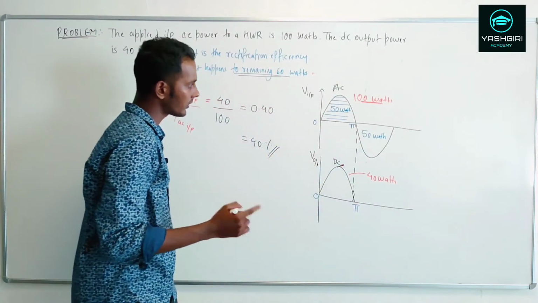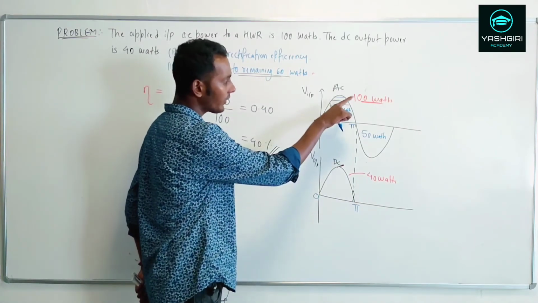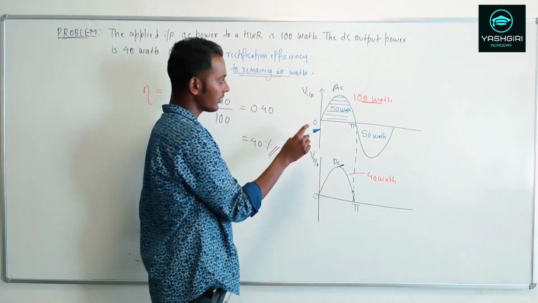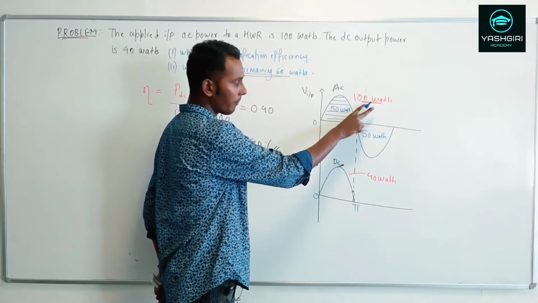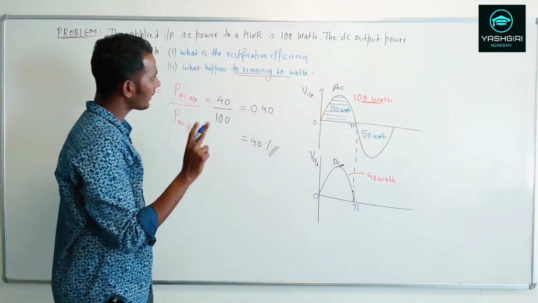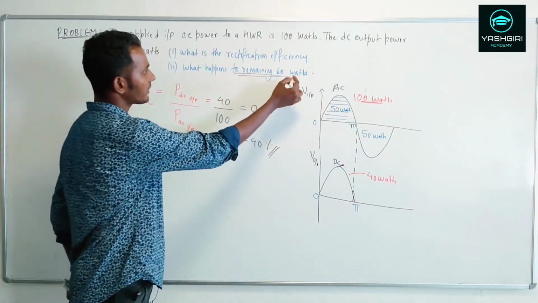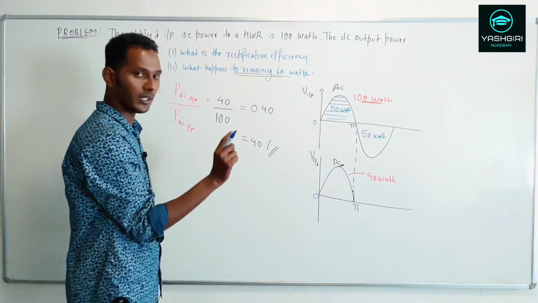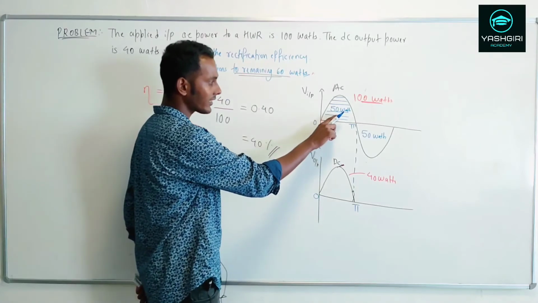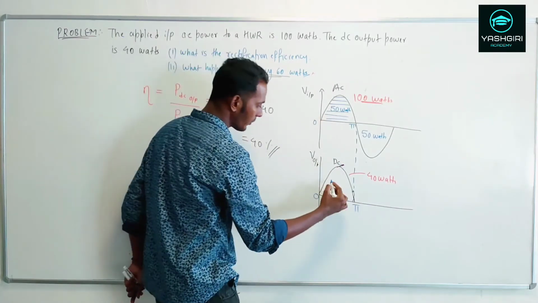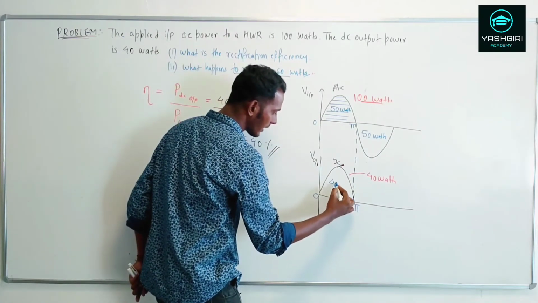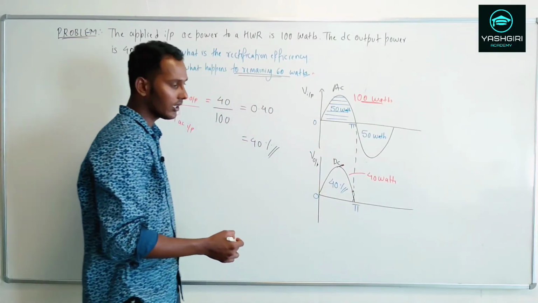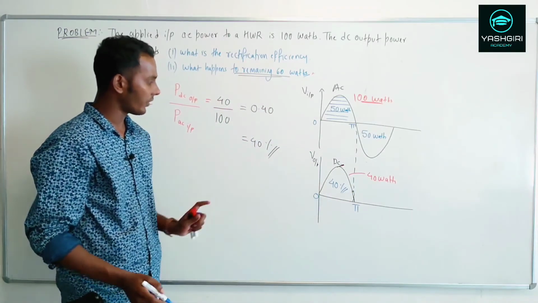That means the power supplied to the rectifier circuit is not 100 watts, but 50 watts. So there is no question of the 60 watts being lost. The actual input coming to the rectifier is 50 watts, that is being rectified, and finally we get 40% efficiency. That's why we call this a half wave rectifier.